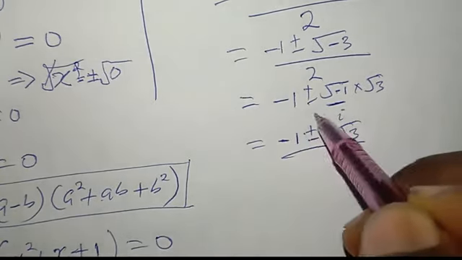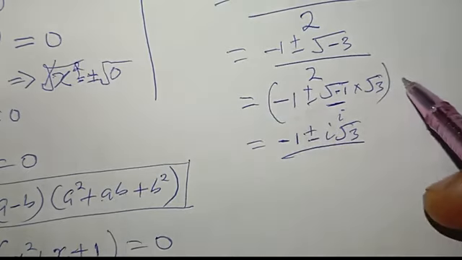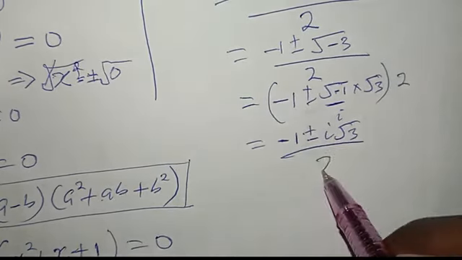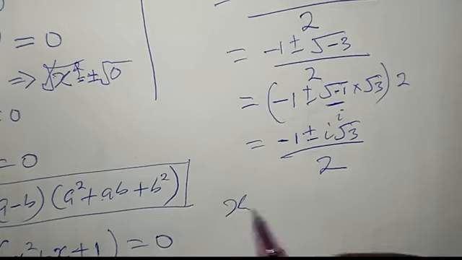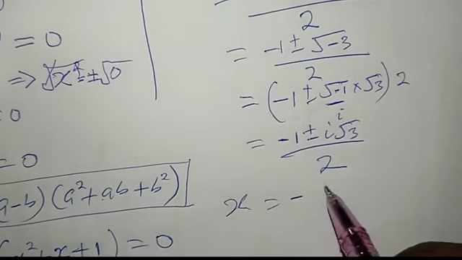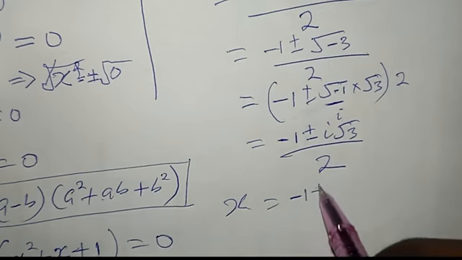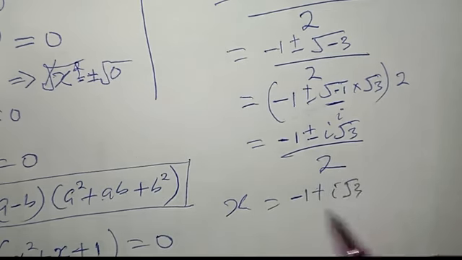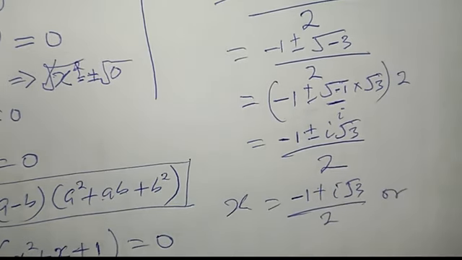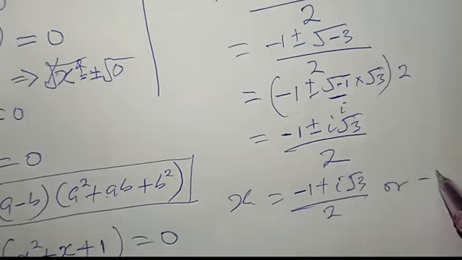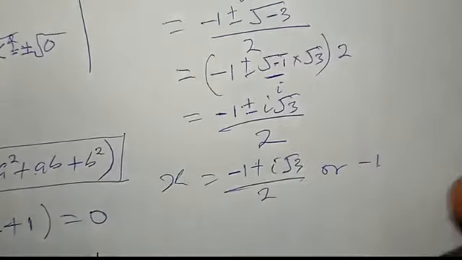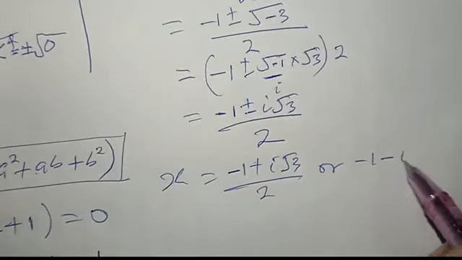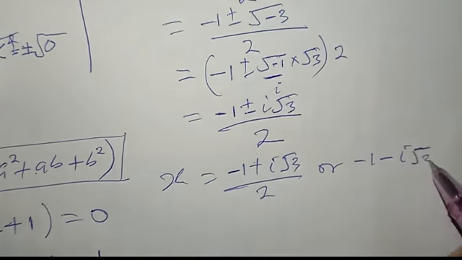Sorry, this is the whole of this divided by 2. So we have divided by 2 right here. So which implies that finally my x4 here is -1 plus i√3 divided by 2, or -1 minus i√3 divided by 2.